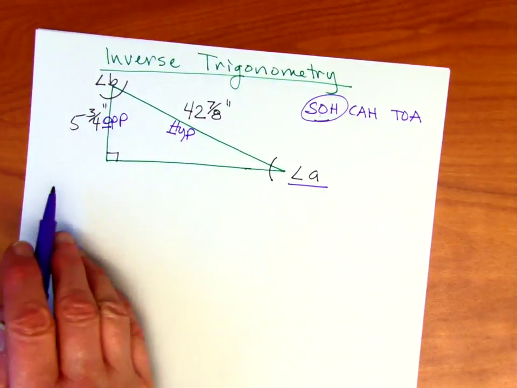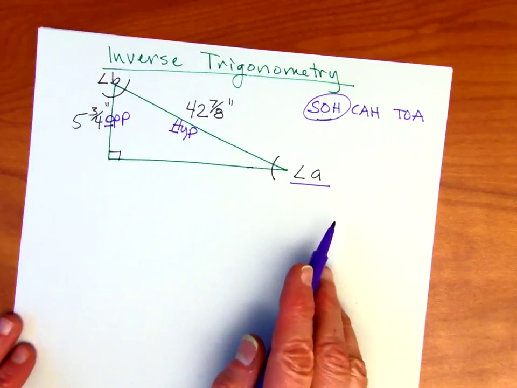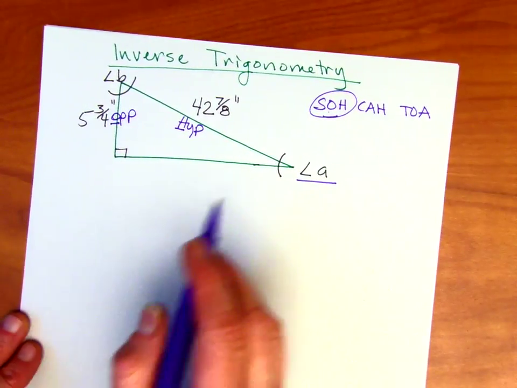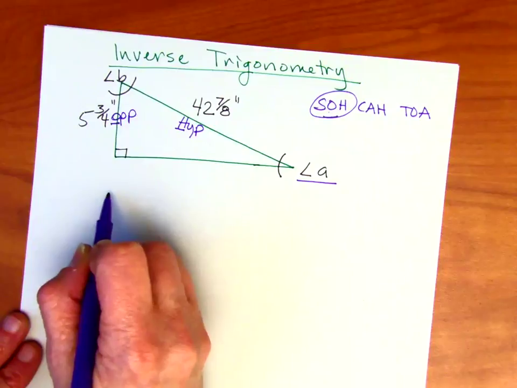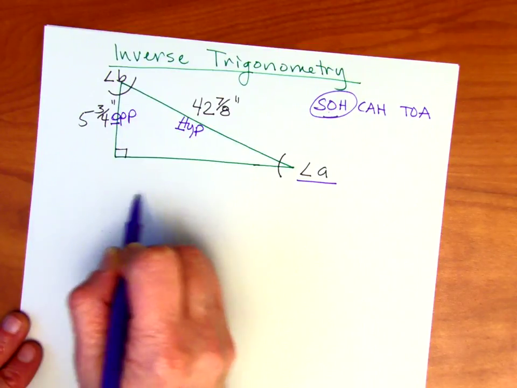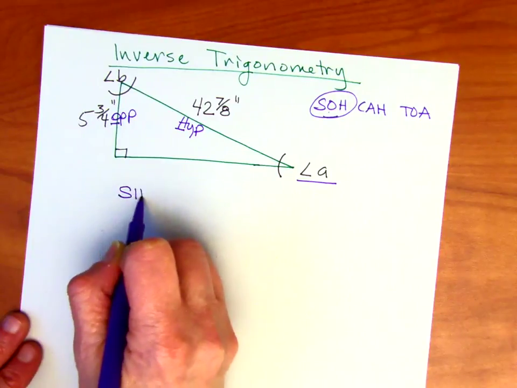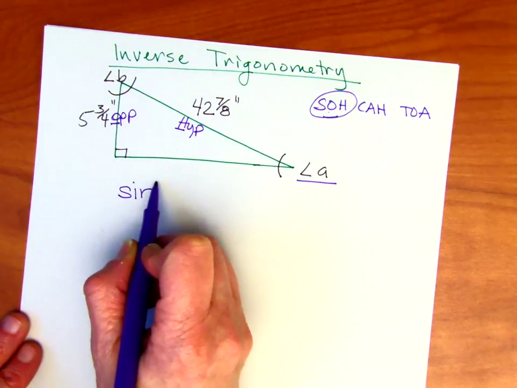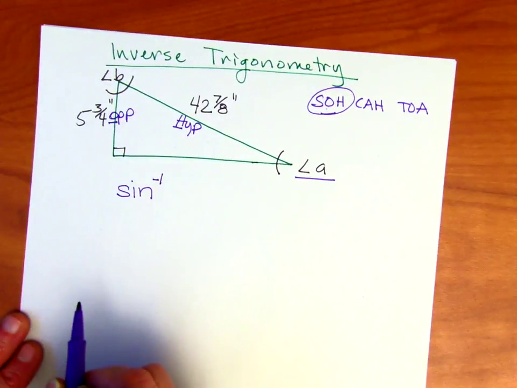Now the way we write it out is going to be a little different than when we were just doing strict trigonometry. We're going to use what looks like an exponent, like a -1. But let me go ahead and write this out, and then we can go over it. So it's going to be sin, because that's the function, and in the upper right we're going to write a -1.